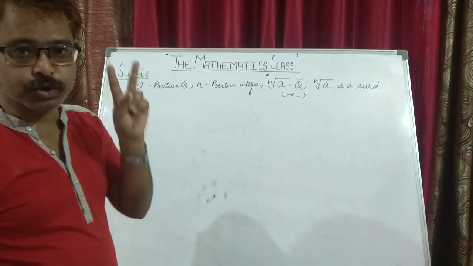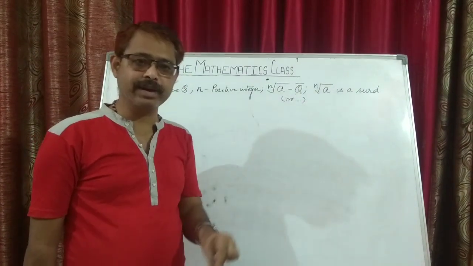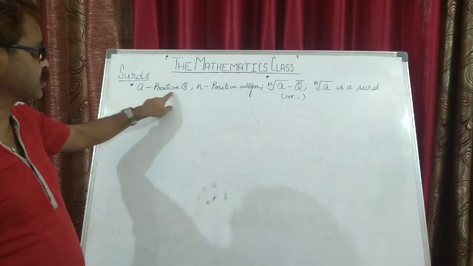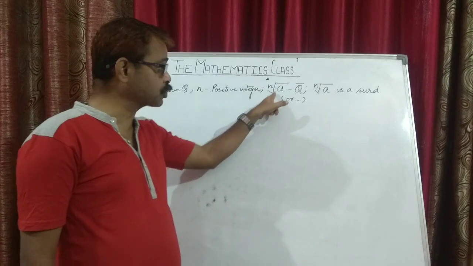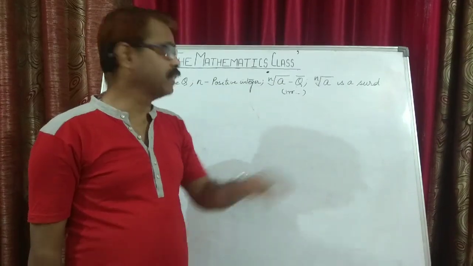So what are the two important things that should be there for an expression to be a surd? First, there should be a positive rational number, and second, its nth root should be an irrational number. If these two conditions are fulfilled, then it is a surd.